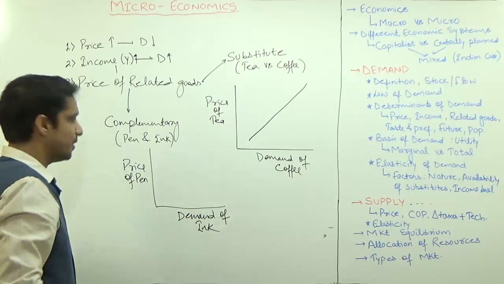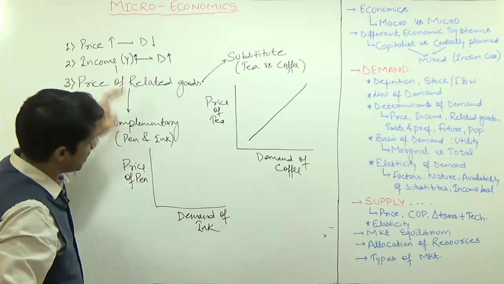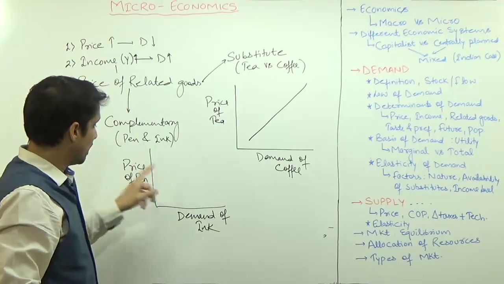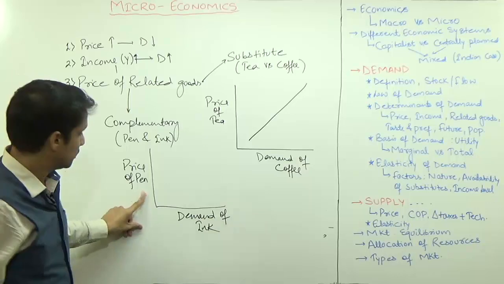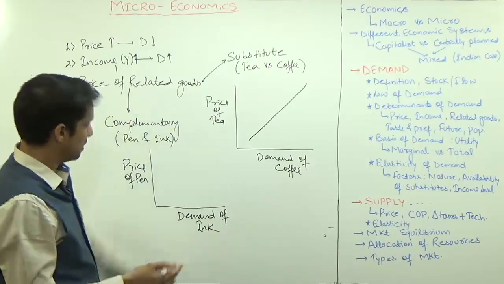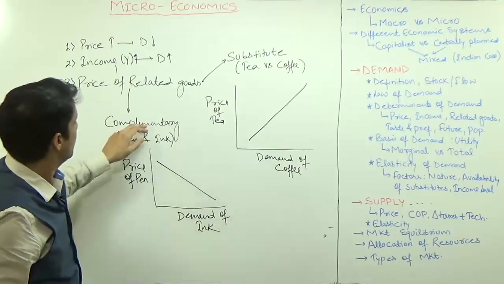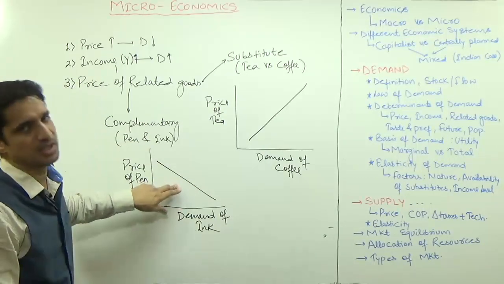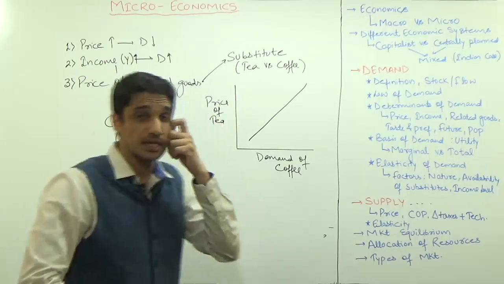And in case of complementary, when the price of pen is increasing, the demand of pen will decrease, and when there is no pen, there is no need of ink. When the price of pen is increasing, the demand of ink will decrease. So in case of complementary, it is inversely proportional, and in case of substitutes, it is directly proportional.